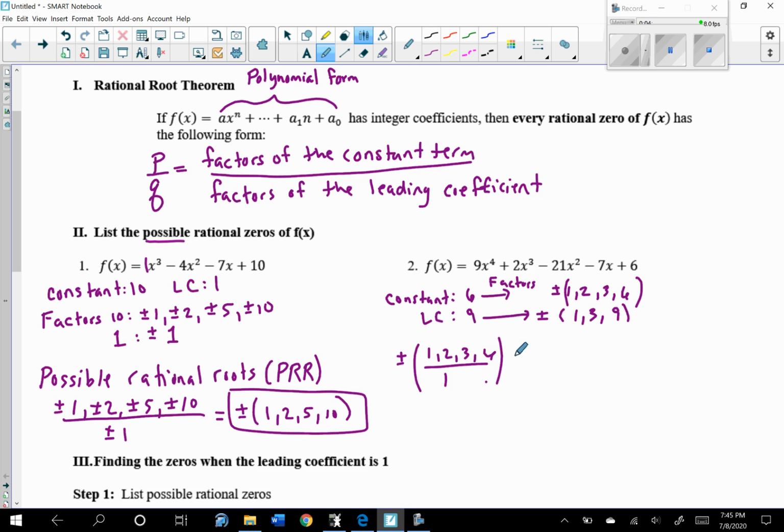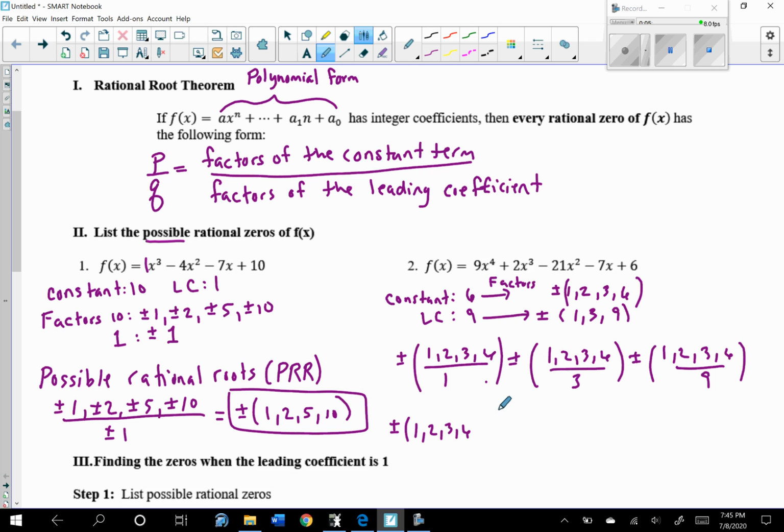And then you're going to do plus or minus 1, 2, 3, and 6 and divide those numbers by 3, and plus or minus 1, 2, 3, and 6 has to be divided by the 9 because you're dividing by the leading coefficient. So first one would just be the same numbers, 1, 2, 3, and 6, because they're divided by 1. If we get anything repeated, we don't need to write it.